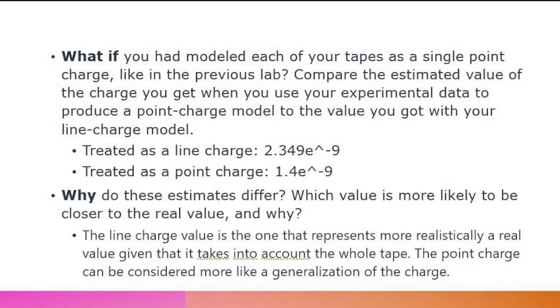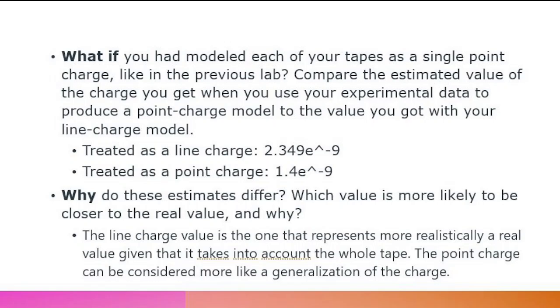For the line charge, I got 2.349 times 10 to the negative 8, while for the point charge I got 1.4 times 10 to the negative 8. This makes sense because in the line charge, since we are taking the force of the whole tape, it makes sense that it's greater because we are summing all of the force that's on the tape, which is what we talked about before regarding superposition.